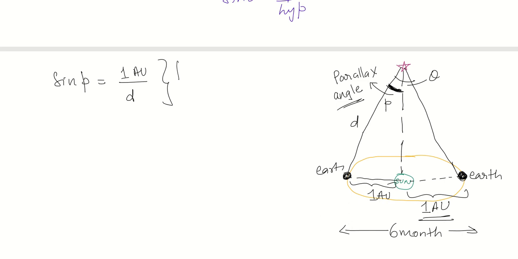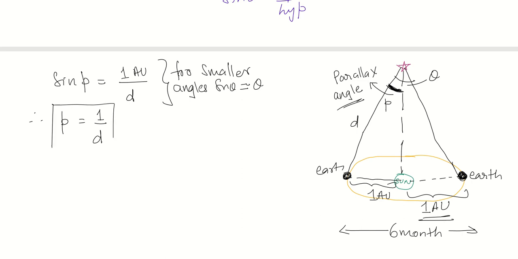For smaller angles, sine theta can be taken as theta. Therefore, we can write P equal to 1 by D. We wrote that 1 here because we know that 1 is nothing but 1 AU, right?